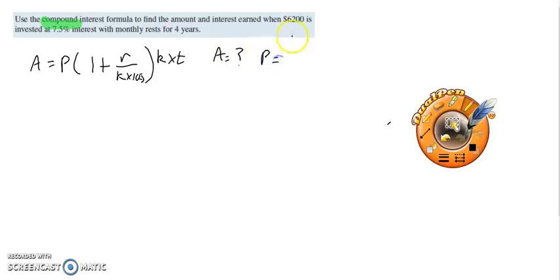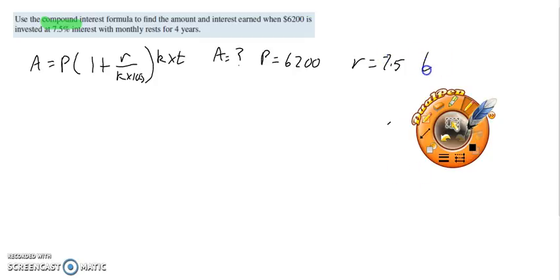Now, write down your formula. Fill it in. A is the thing we're looking for. We started with 6,200. Our rate is 7.5.